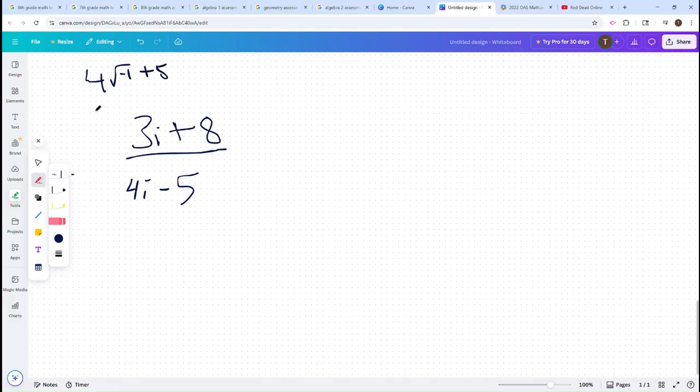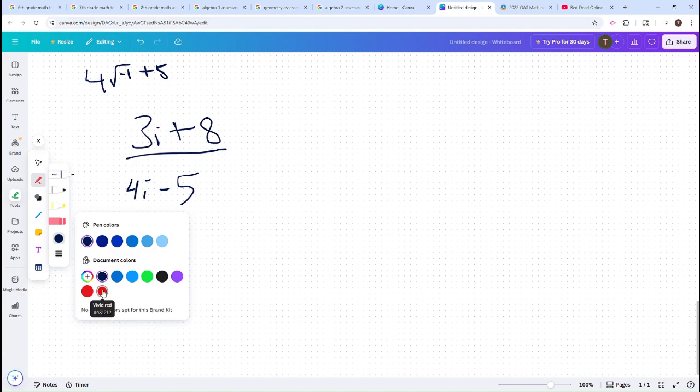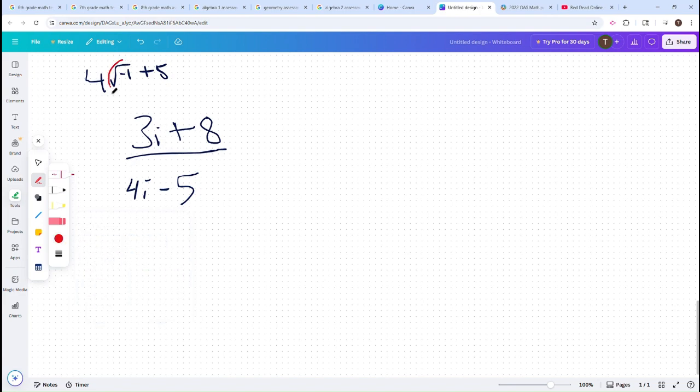Well, remember, we cannot have this thing in the denominator, and that's what we have right there. So you have to multiply this thing times the conjugate, 4i plus 5, basically just the negative, times 4i plus 5.